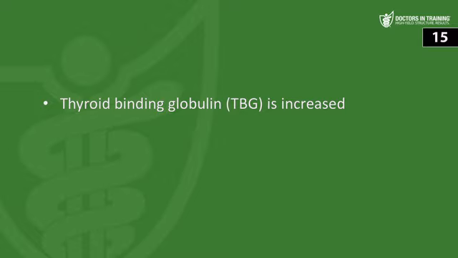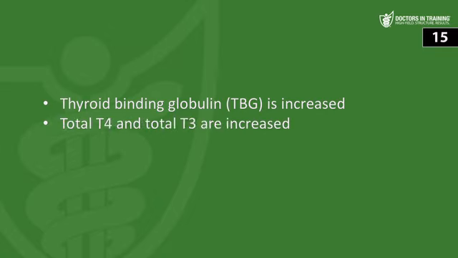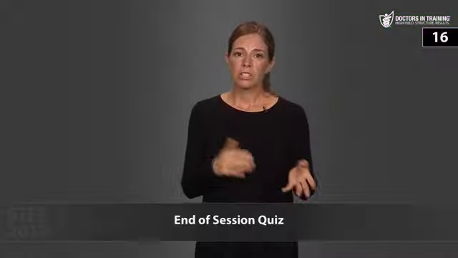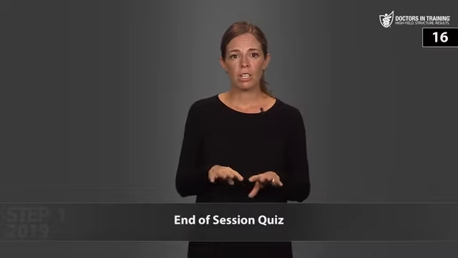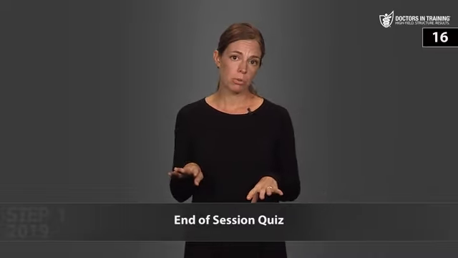So the body senses that free thyroid hormone is dropping, and the thyroid releases more T4 and T3. So total T4 and total T3 are higher, but the free T4 and free T3 stay closer to the normal range. And the TSH can also be low, which is due to its similarity to HCG, which is a placental hormone.